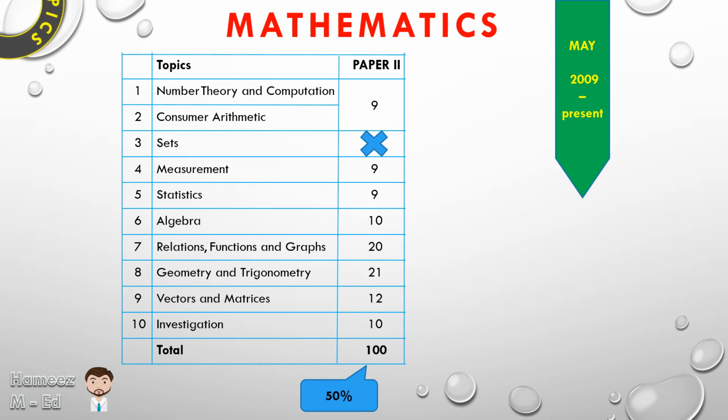And we can see in some areas there's only one yellow circle, such as number theory, consumer arithmetic, statistics. And what that tells us is that there's one list of videos or one playlist covering number theory, a separate one covering consumer arithmetic, another one statistics, and so on.